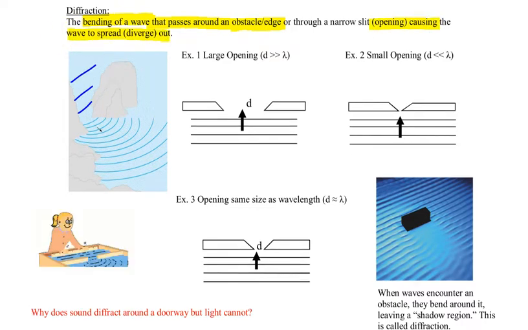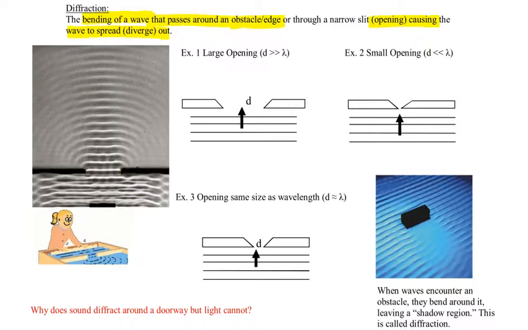So I'll be showing you a demonstration in class, something like this picture over here. We'll have a ripple tank, and we'll make some plane waves, these waves that are nice straight lines here. And we'll produce patterns to show you where you get pronounced diffraction and not so pronounced diffraction. When these waves move through a barrier that's quite a wide opening, so this distance d is quite large, we'll find that the waves seem to go straight through with a little bit of bending that occurs on the side.